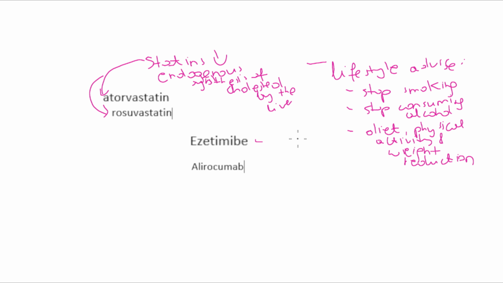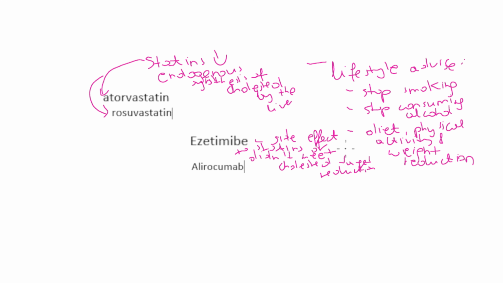So if there are side effects to statins, or they did not meet the cholesterol target reduction. Ezetimibe is a cholesterol absorption inhibitor, and it is very, very effective.